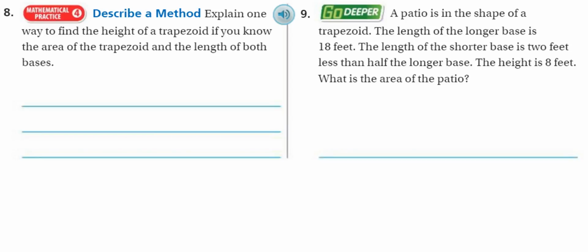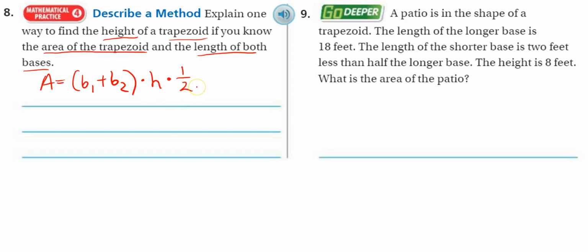All right, number 8: explain one way to find the height of the trapezoid if you know the area and the length of both bases. Okay, well, we know that formula: area equals base 1 plus base 2 times height times 1/2, or 0.5.